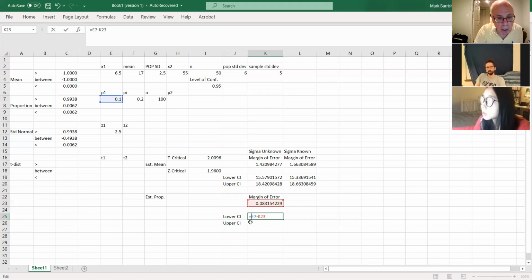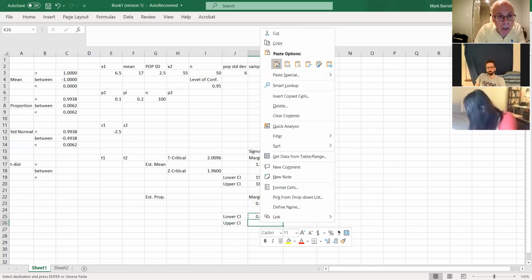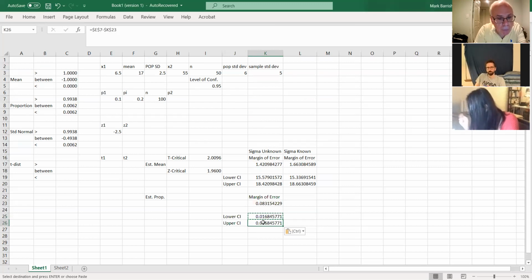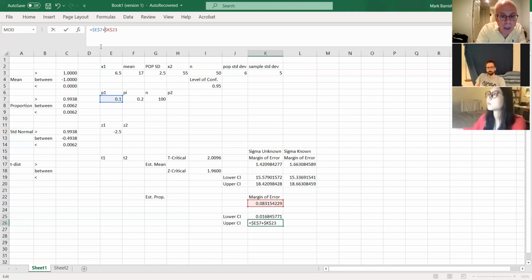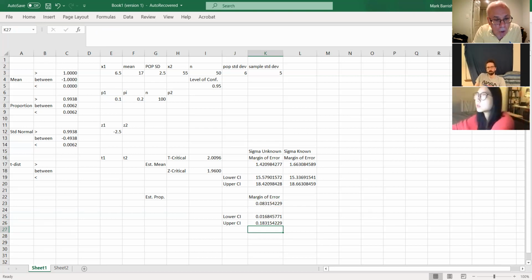Let's just put a dollar sign around all these. And then I'll just copy the formula down and change the minus to a plus. Change this to a plus. And there's my confidence interval for a proportion.